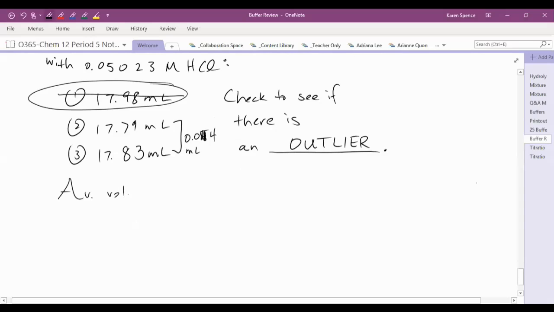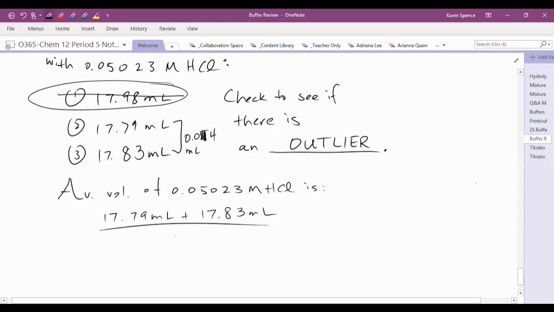The average volume of 0.05023 molar HCl is 17.79 milliliters plus 17.83 milliliters divided by 2. 17.79 plus 17.83 divided by 2 equals 17.81.